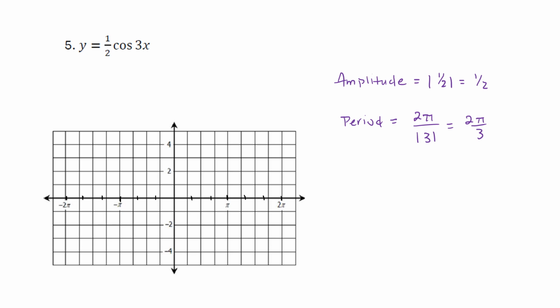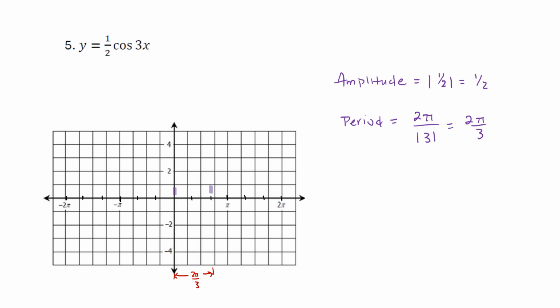So this is going to be the period that the whole one complete cycle of the cosine graph must complete. So we know that the amplitude's a half, so instead of starting at 1, we're going to start at a half. And we know we must end at a half for a complete cycle.